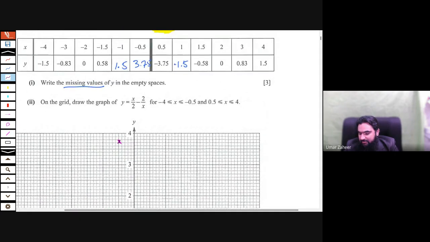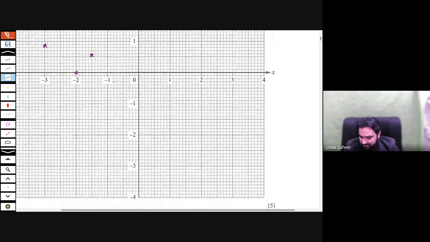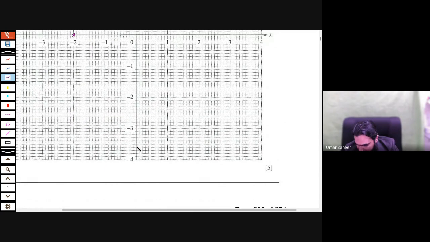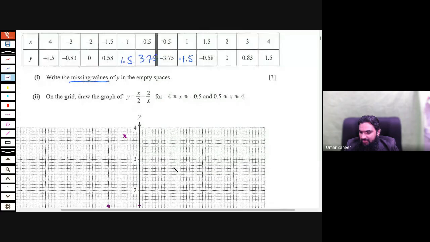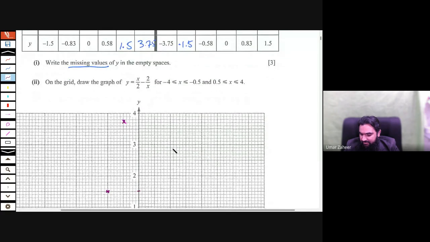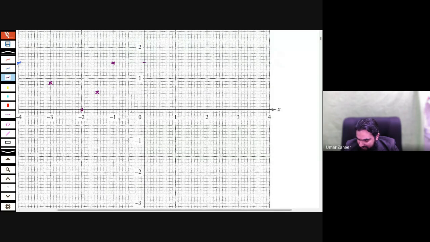Now next we have 0.5, -3.75. This is the point. Then 1, -1.5.